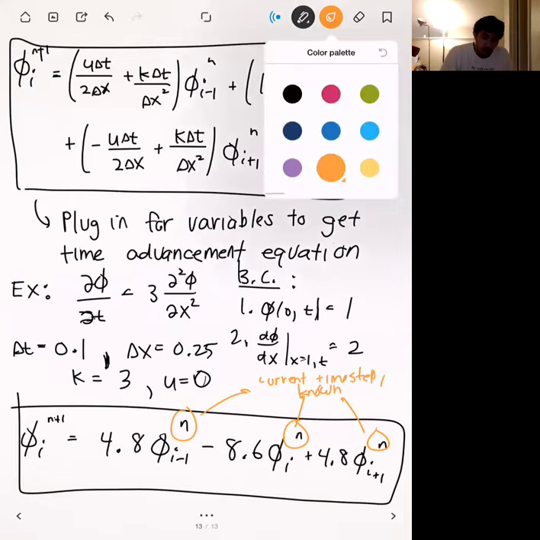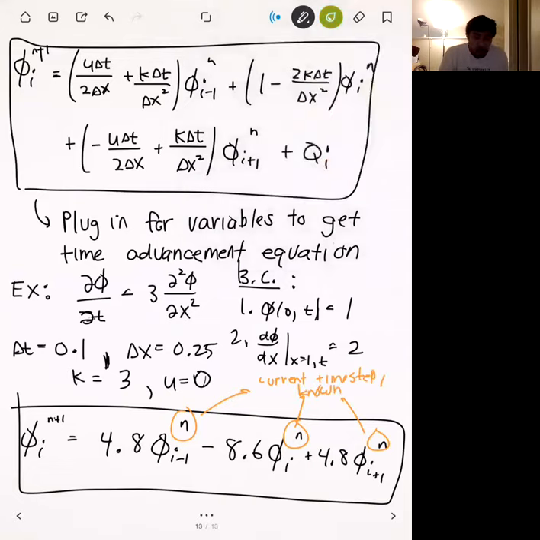For the first solution, we're going to plug in our initial condition and get that solution from that. Whereas the n plus 1 is the solution at the next time step.